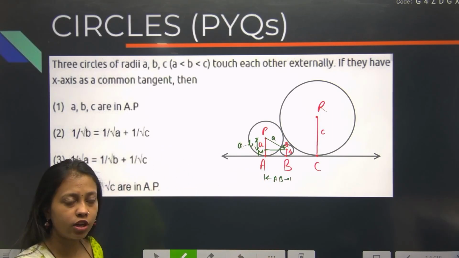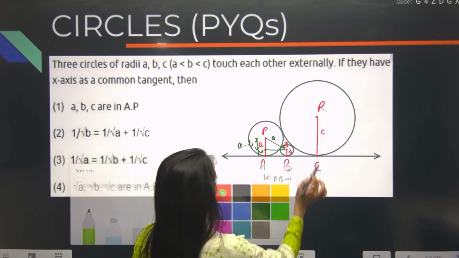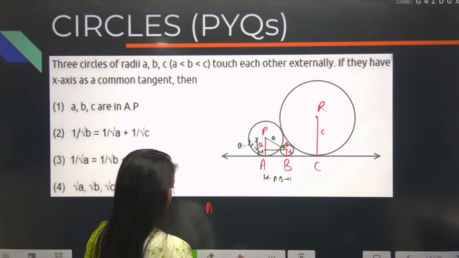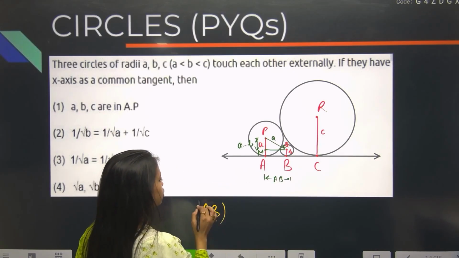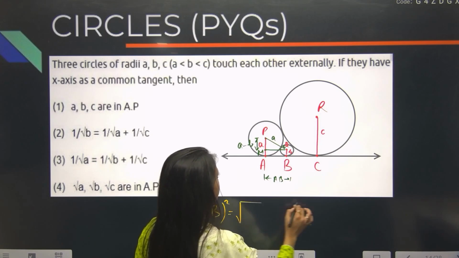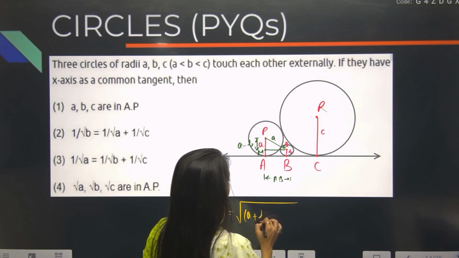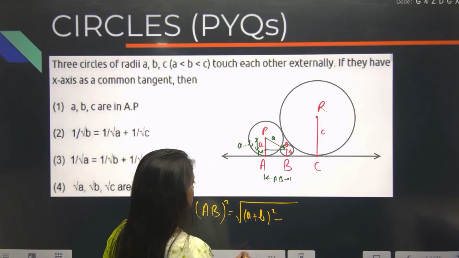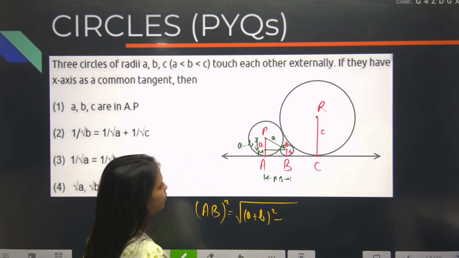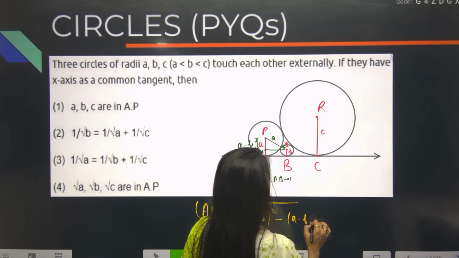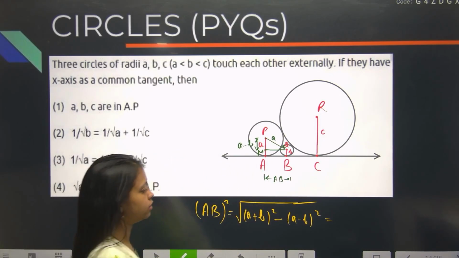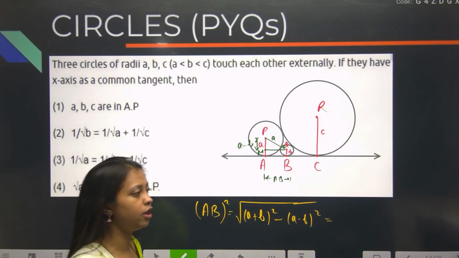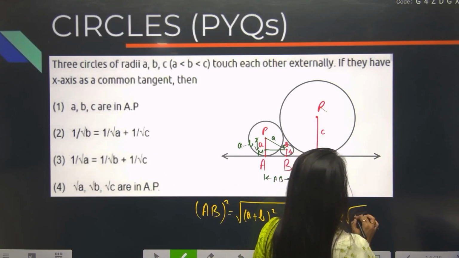So we can have the relation. This AB is our base here. So AB square is equal to hypotenuse square, that is A plus B whole square, minus perpendicular, that means A minus B whole square. What is that? A square, B square, all cancel. This is 4AB, that is, AB is 2 root AB.